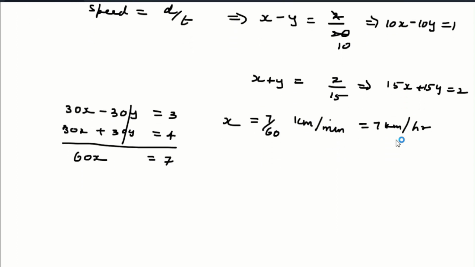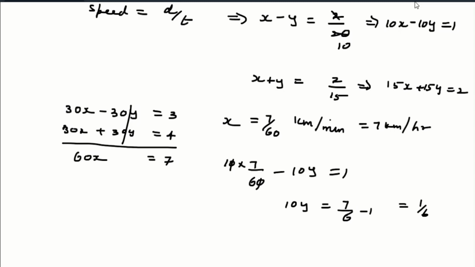You substitute over there. So x is 7 by 60, or I can write 10 into 7 by 60 minus 10y equals 1. So 10y equal to 7 by 6 minus 1, which is 1 by 6.